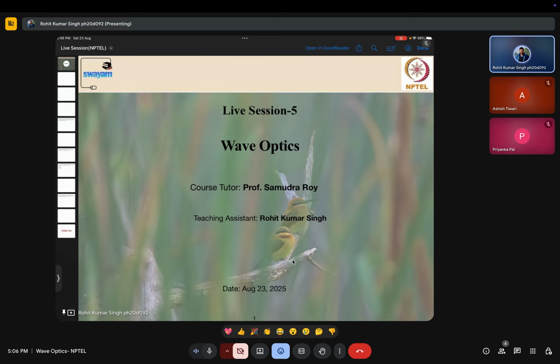There's one more similar topic, which is called Michelson interferometer. We'll discuss that today and then try to solve some problems based on that.